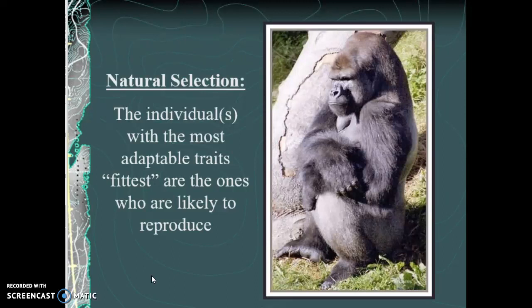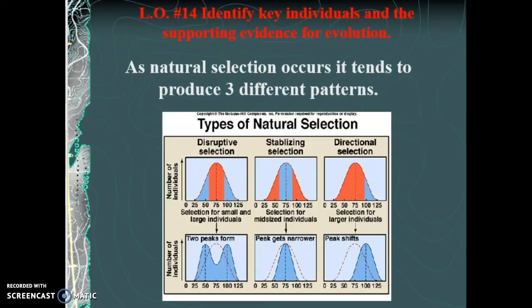So you take all 5 of these factors, mutation, genetic drift, gene flow, sexual selection, natural selection, and you put those into a population. You put all those factors or pressures on a population, and the population starts to change. Now, as the population changes, and a lot of it is because of natural selection, it goes through different patterns of change.